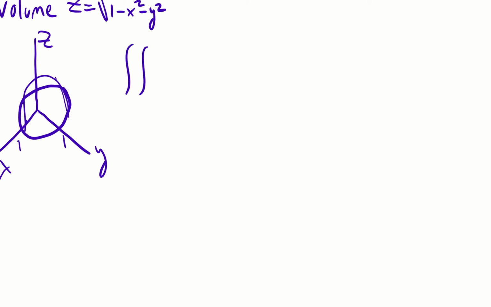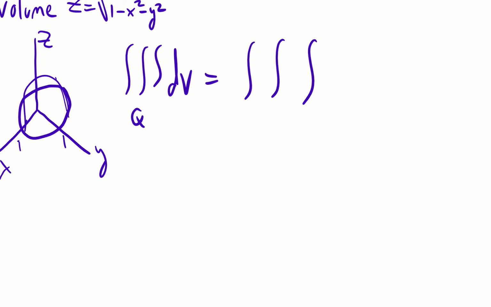We want the volume of this, so we're going to set up a triple integral over the surface, dV. And for our order of integration this time, let's do dz dx dy.